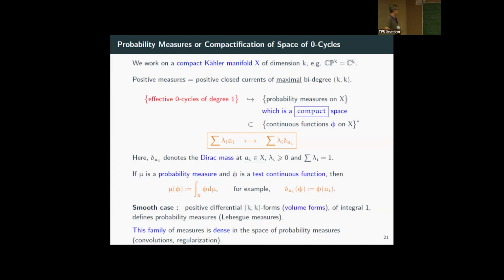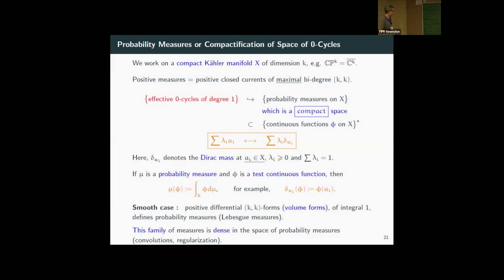Positive measures are exactly positive closed currents of maximal bidegree (k,k), where k is the dimension of the manifold. Maximal bidegree means maximal codimension, minimal dimension, dimension 0. Dimension 0, codimension k, which is maximal. Codimension and bidegree are the same here.